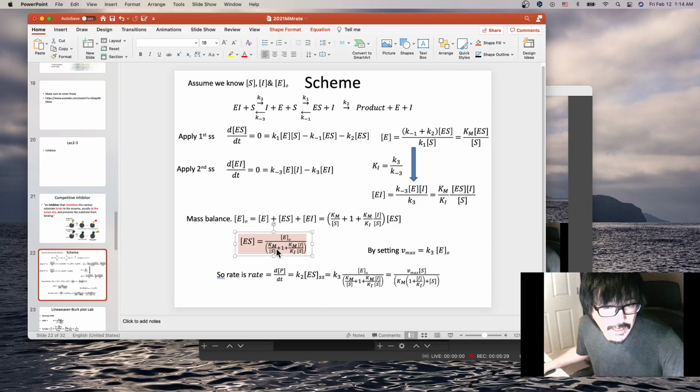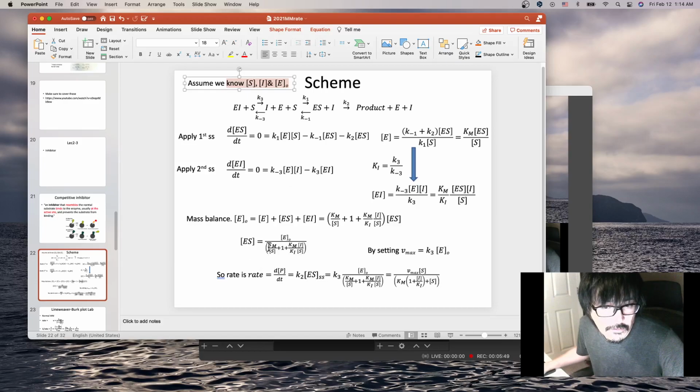And note that everything written in here is in terms of the stuff that we assume that we know: the original concentration of the enzyme, the original concentration of the inhibitor, and the concentration of the substrate.